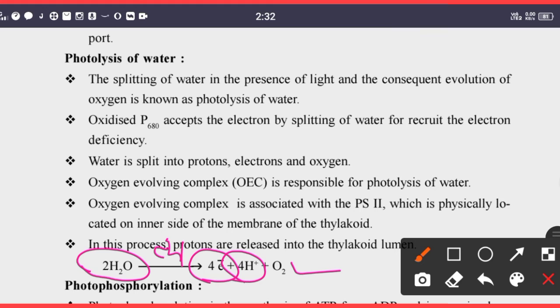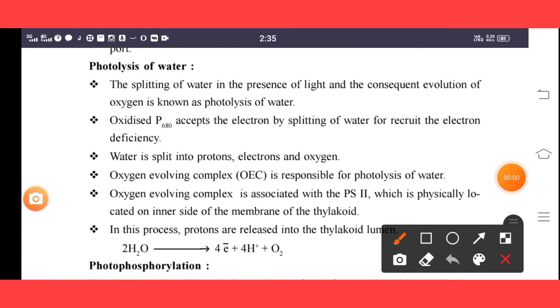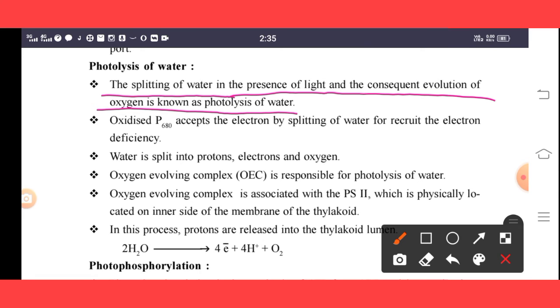During photosynthesis, whatever oxygen is released comes from the water only, when the water is broken down. So the splitting of water in the presence of light, with the consequent evolution of oxygen, is known as photolysis of water.